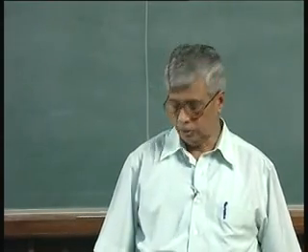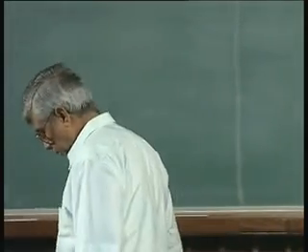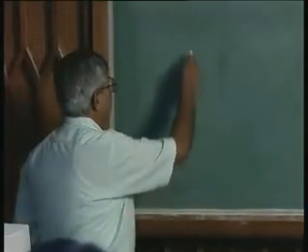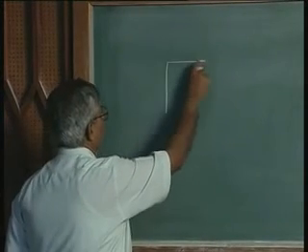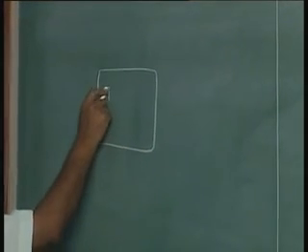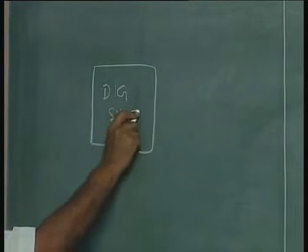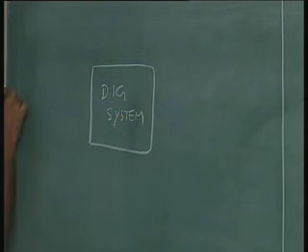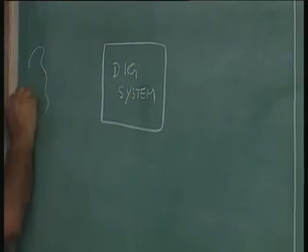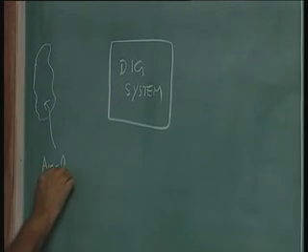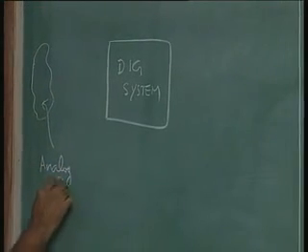So this is the block diagram, sort of, if you want to think of this as a digital system. Then we have an analog interface, analog in.